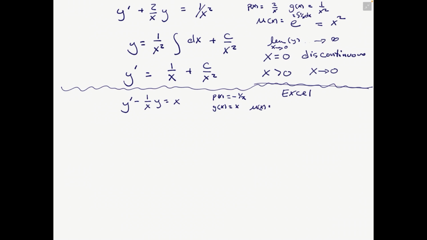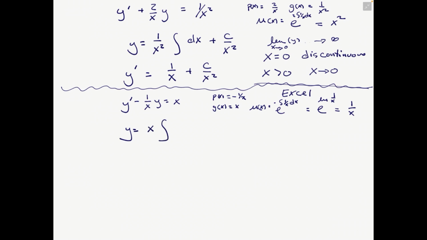Mu of x equals e to the integral of minus 1 on x dx, equals e to the ln of 1 on x, which is 1 on x.